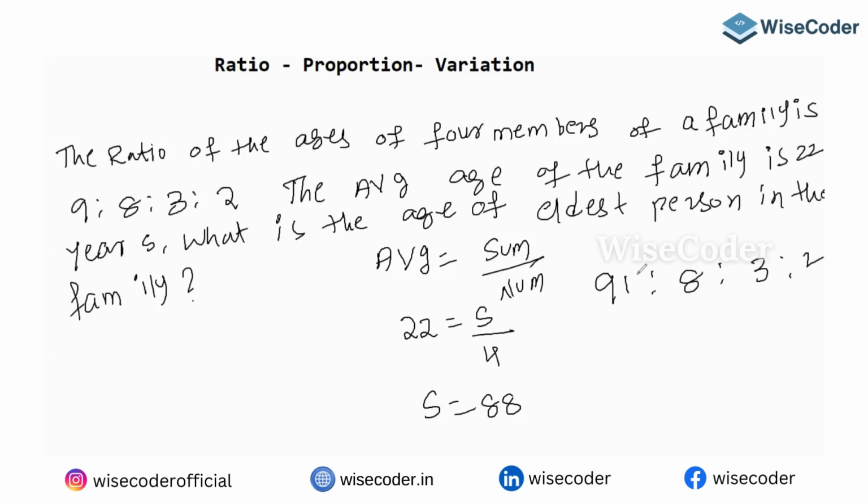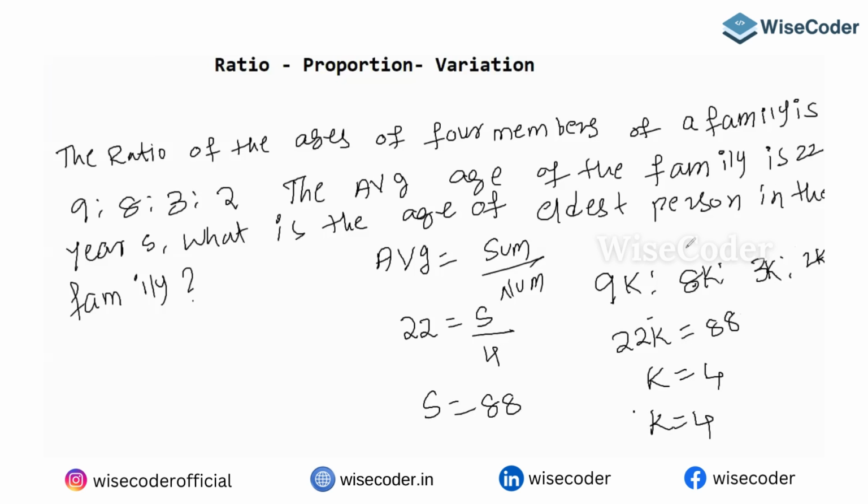So I can say 9k, 8k, 3k and 2k. 9 plus 8 is 17, 17 plus 3 is 20, 20 plus 2 is 22. So 22k is equal to 88. Then k is equal to 88 divided by 22, which is 4. So k is equal to 4.